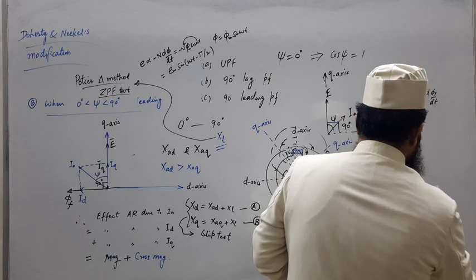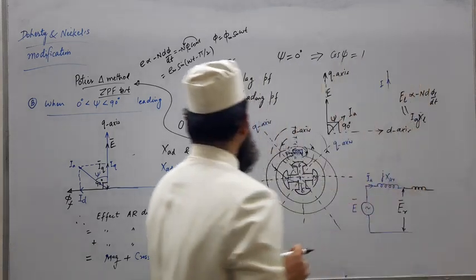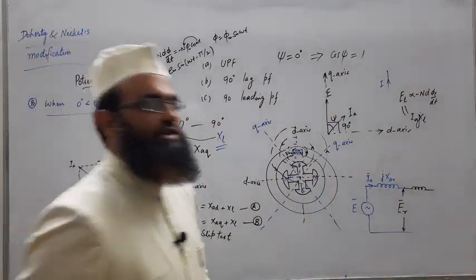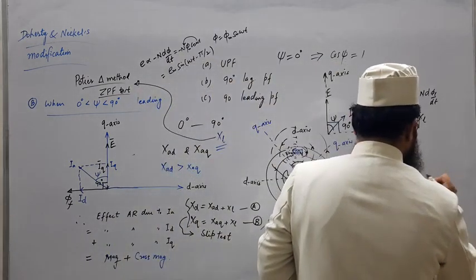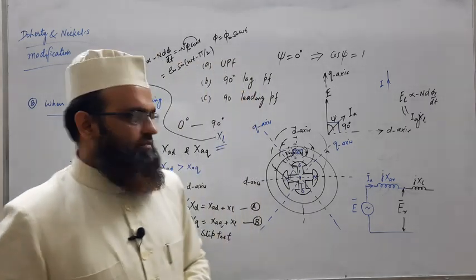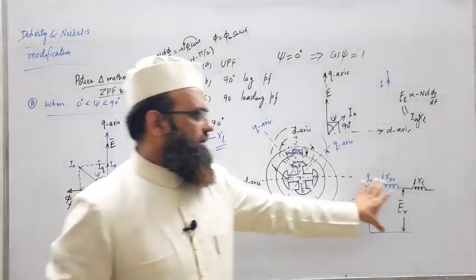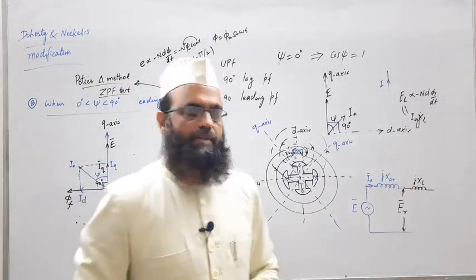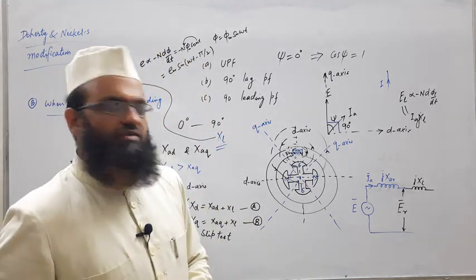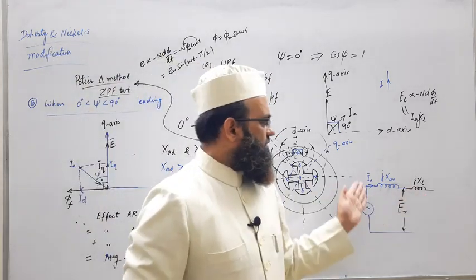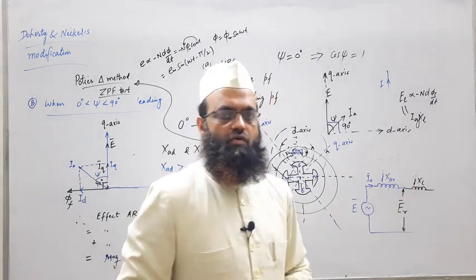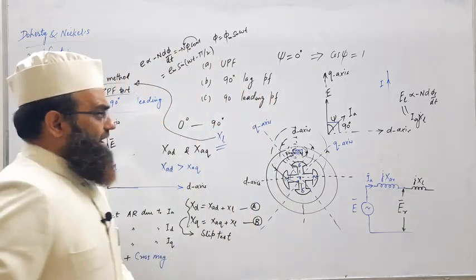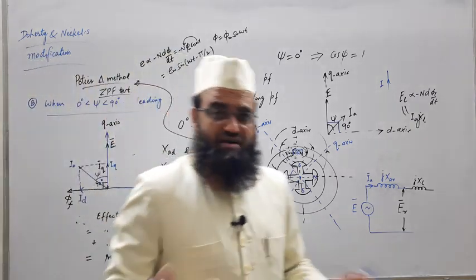Then we have this leakage reactance drop which will oppose. So just represent it by jXL. That drop will be subtracted from this drop. Once current is flowing, these drops will be there. When current is not flowing, this drop will be 0, 0 into something is 0. And our windings have some finite resistance.